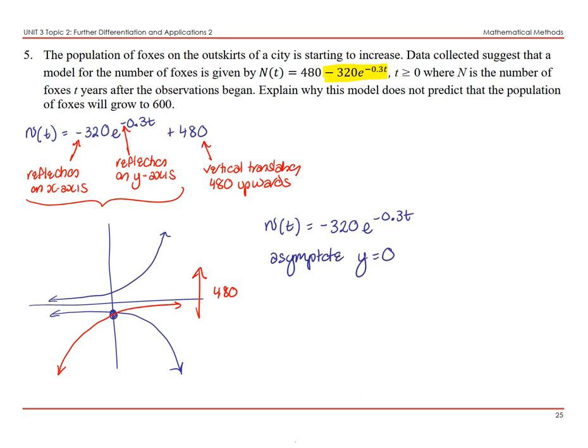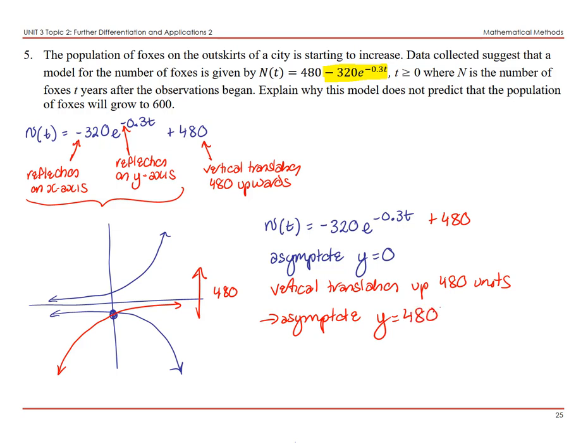If I then add 480, the vertical translation up 480 units means my asymptote becomes y equals 480, or in this case, n of t equals 480.